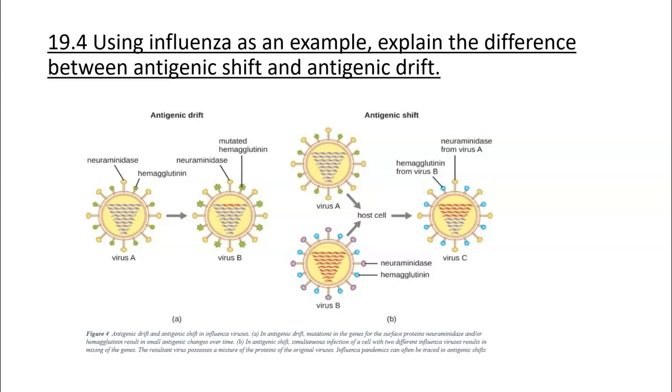And every year we need to get a new flu vaccine because this antigenic drift is so predictable that we know next year the influenza virus is going to be a little bit different. And that's the reason why they have to make a guess as to what change is going to be made and try to figure out what the new flu vaccine should look like.